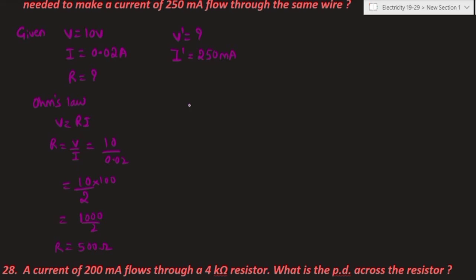Resistance is equal to 500 ohm, and we know that again by Ohm's law, V dash is equal to I dash into R. I dash is how much? 250 milliampere.